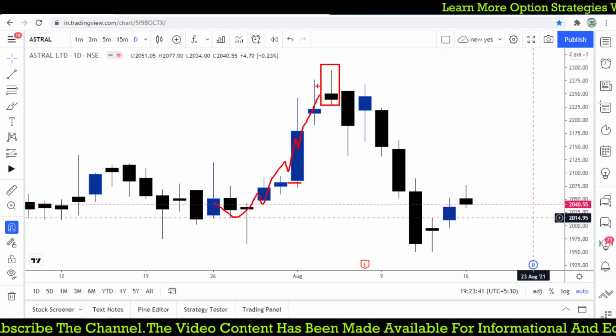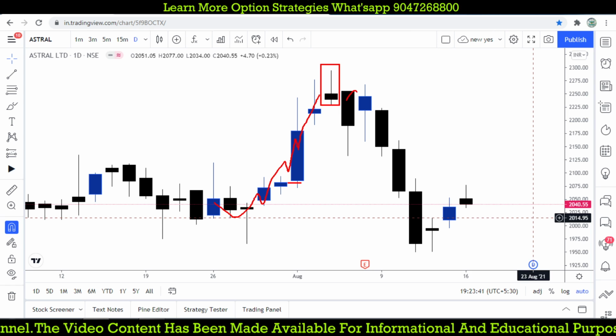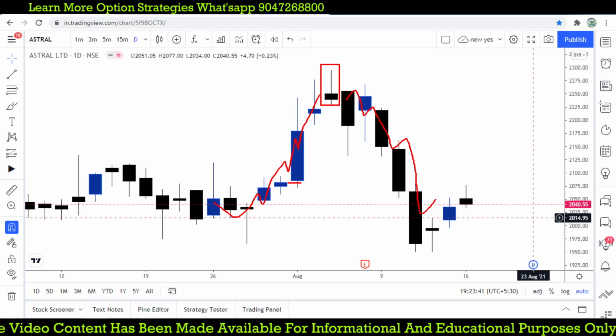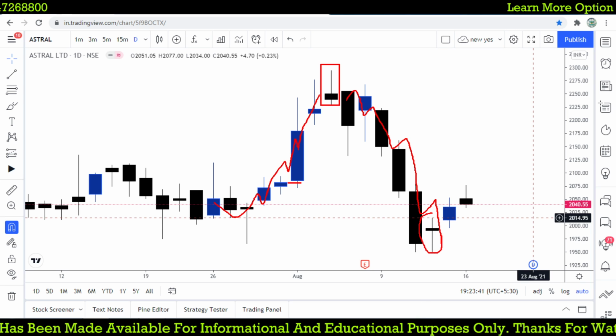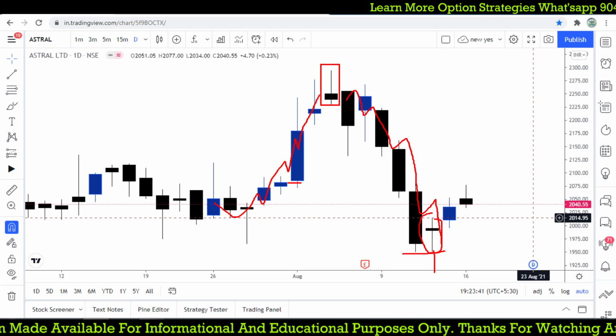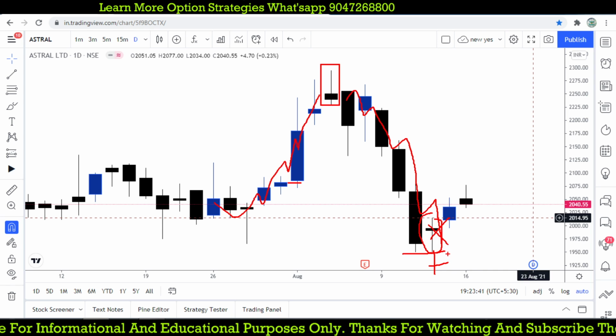When this type of candlestick forms at the highest level, the chances of reversal are very high. And again there is a doji candle, but it is not below the monthly low, so it may not be scanned by our scanner on doji.